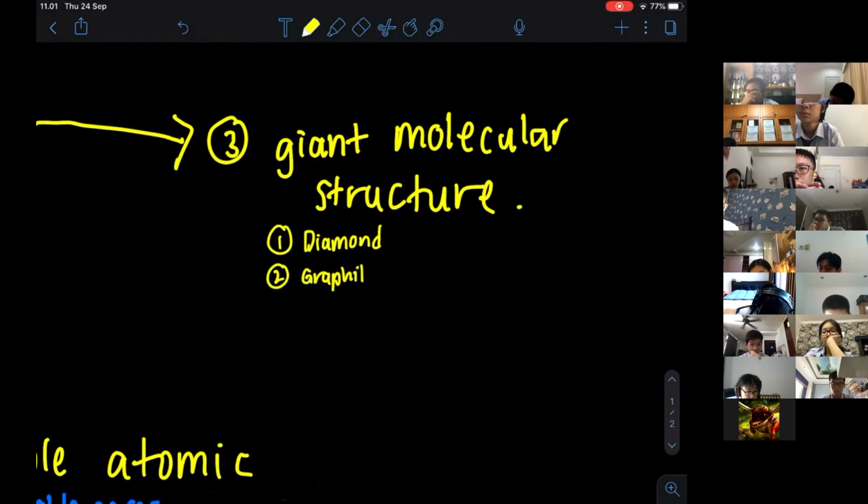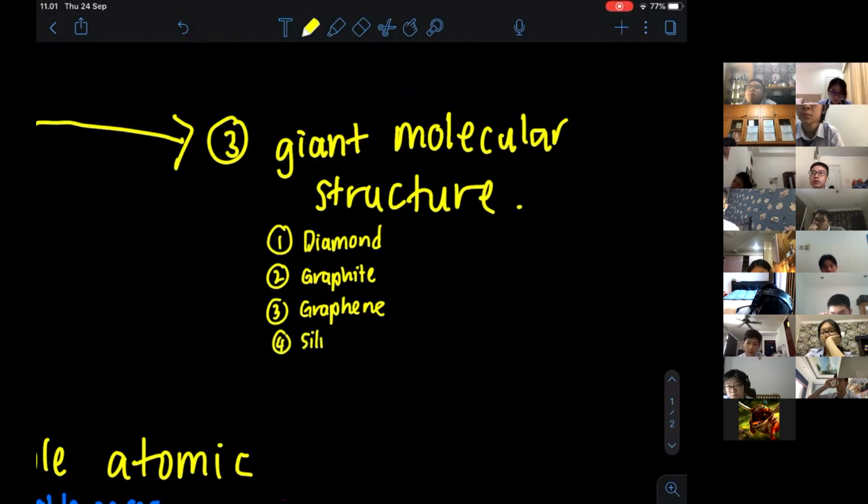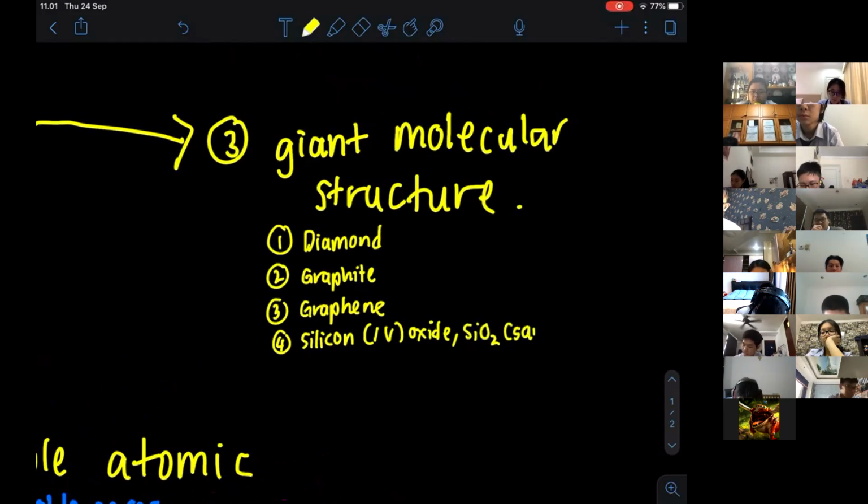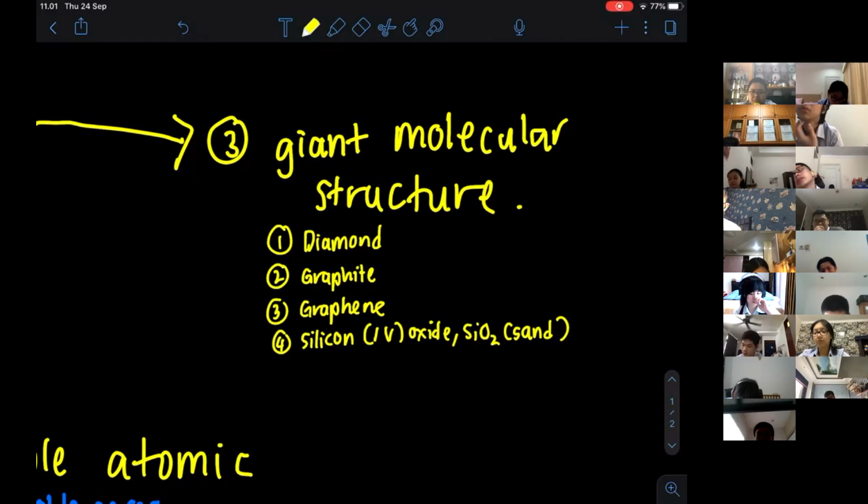Number 3, graphene. Number 4 is silicon(IV) oxide, which is SiO2, one of the common things found in sand. It can be used to make glass. So diamond, graphite, graphene, and then silicon(IV) oxide: these are the ones that we will look into under the giant molecular structure.